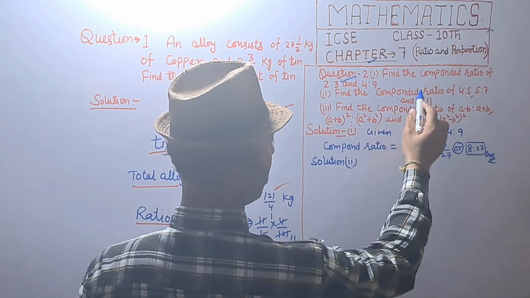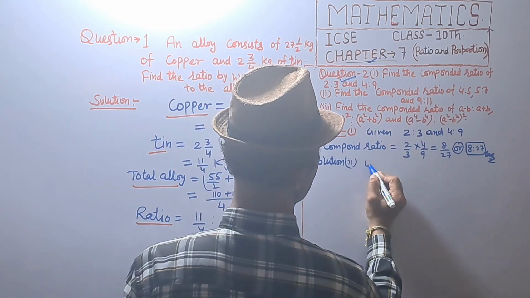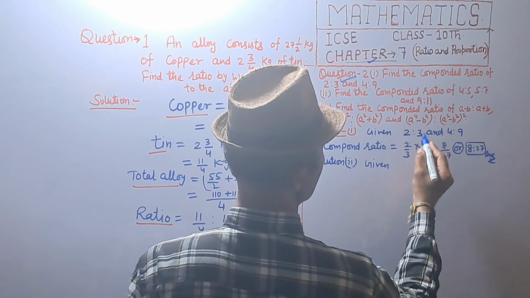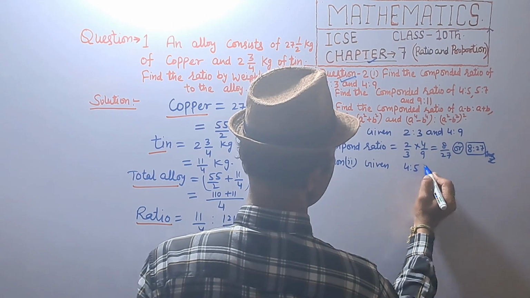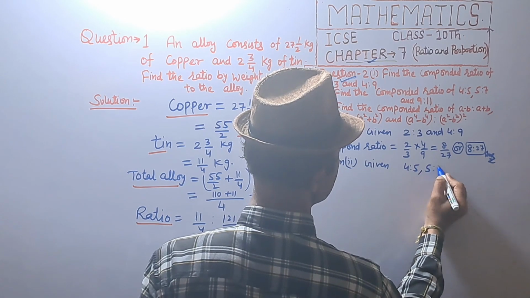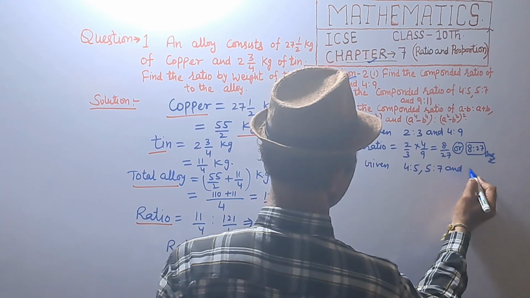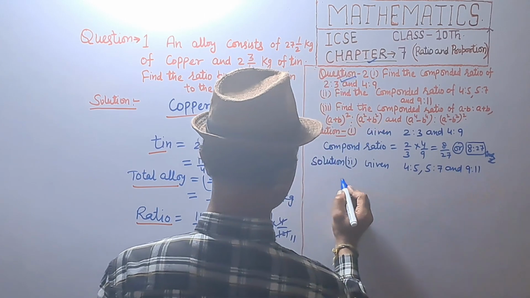Second part. Find the compounded ratio of 4:5, 5:7, and 9:11.